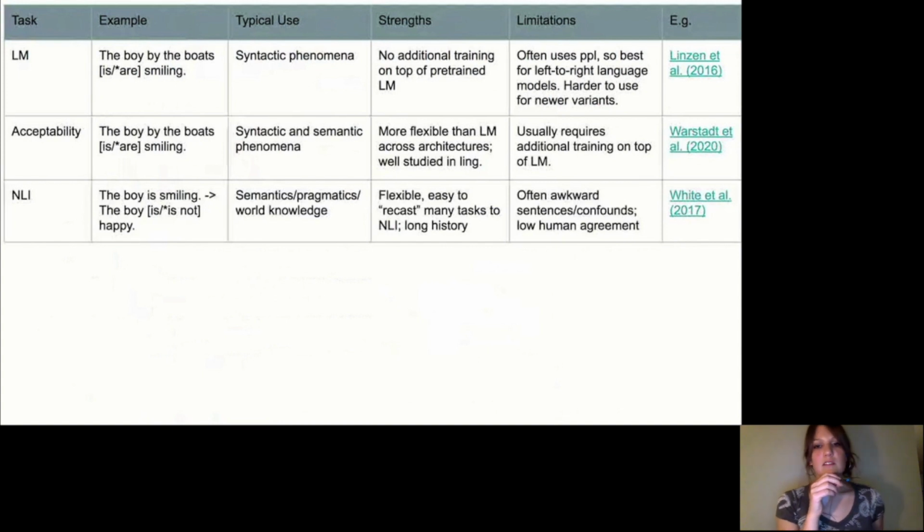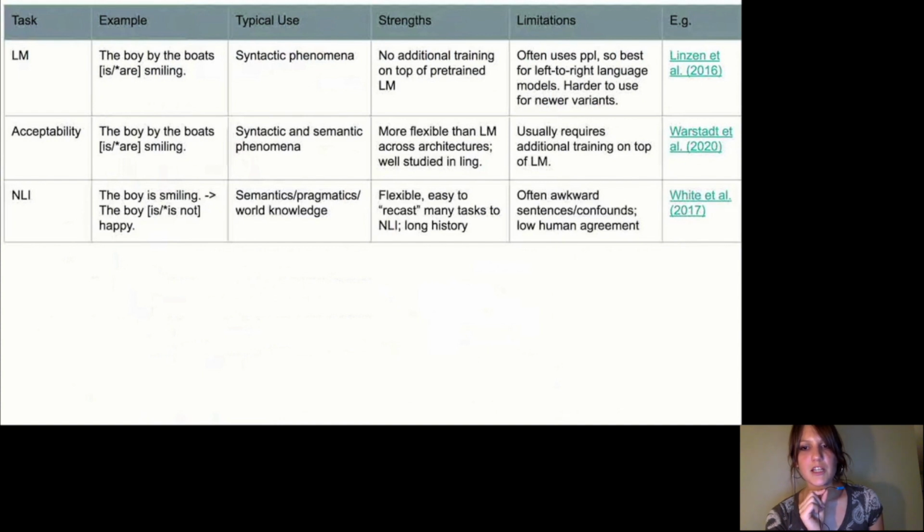So the main strength is it's very, very flexible. I can and will make arguments, if you want to talk to me in the question answer session, of why any task could be framed as NLI. I think every task can be reduced to NLI. So it's arbitrarily flexible in terms of the types of phenomena we can probe for, given some constraints.